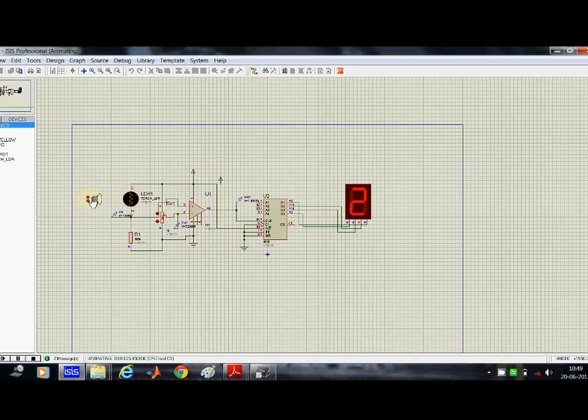Similarly, in simulation I cannot bring some object which is obstructing the path of this light, but in the real world demonstration I will show you that bringing something in between the LDR and the light source and removing it after that will increase one count here in the binary coded decimal display.